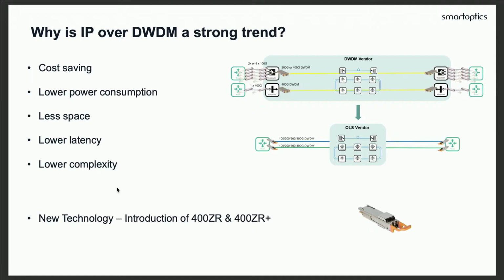Another thing which goes in line with this trend is that in the past, DWDM networks have mainly been designed around telco requirements for long-haul networks, for national backbones, for metro backbones, where service providers were making the connections for enterprises, data centers, and cloud providers, interconnecting the data centers, the metros, and the world.